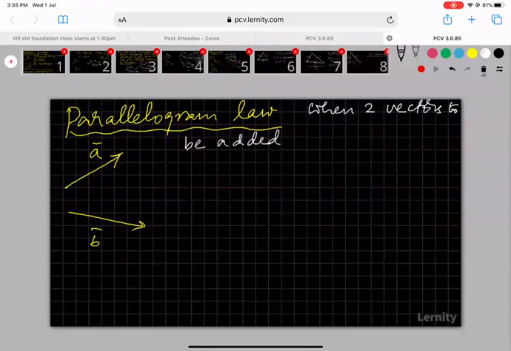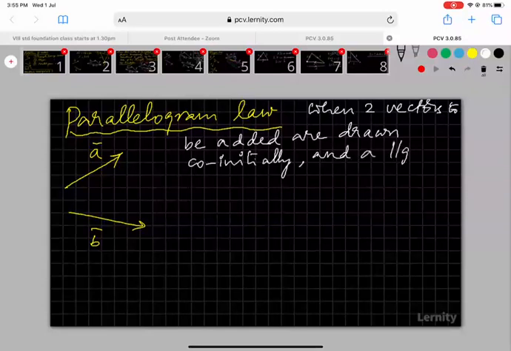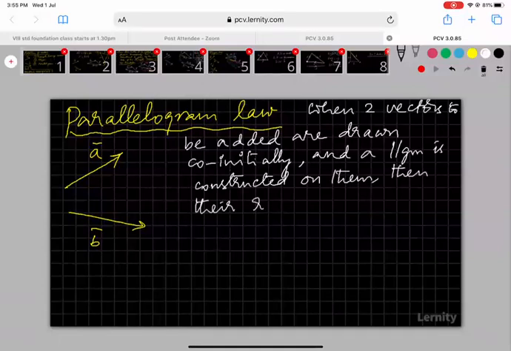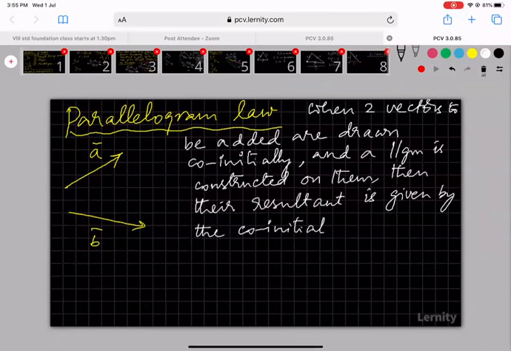When two vectors to be added are drawn co-initially, and a parallelogram is constructed on them, then their resultant, meaning the addition of the two vectors, is given by the co-initial diagonal of the parallelogram.